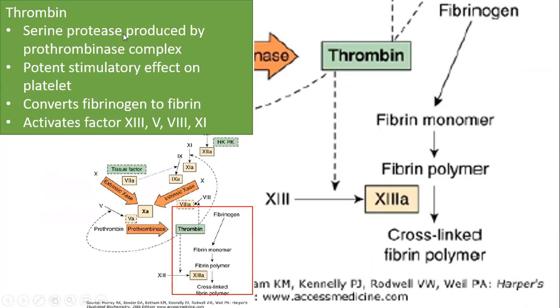As I mentioned, thrombin is an enzyme produced by the prothrombinase complex that has a potent stimulatory effect on platelets as well as converting other clotting factors. As you can see here, thrombin can activate your clotting factor 8. It can also activate your clotting factor 5 as well as your 13. It can also convert your fibrinogen to fibrin. So thrombin has many actions.